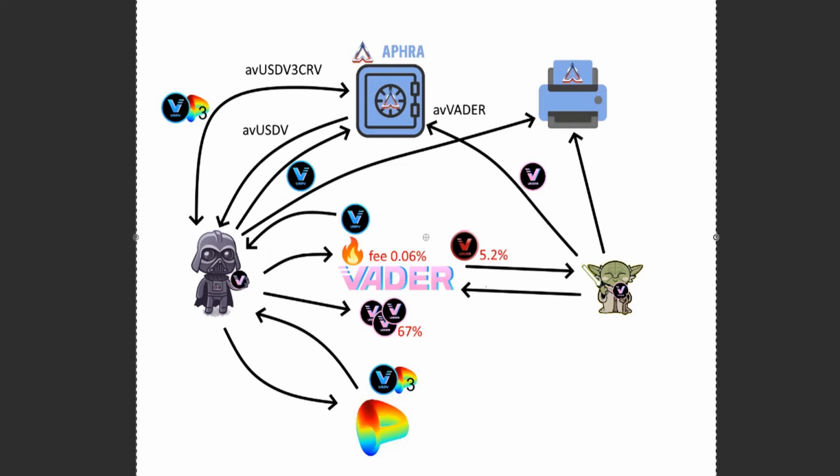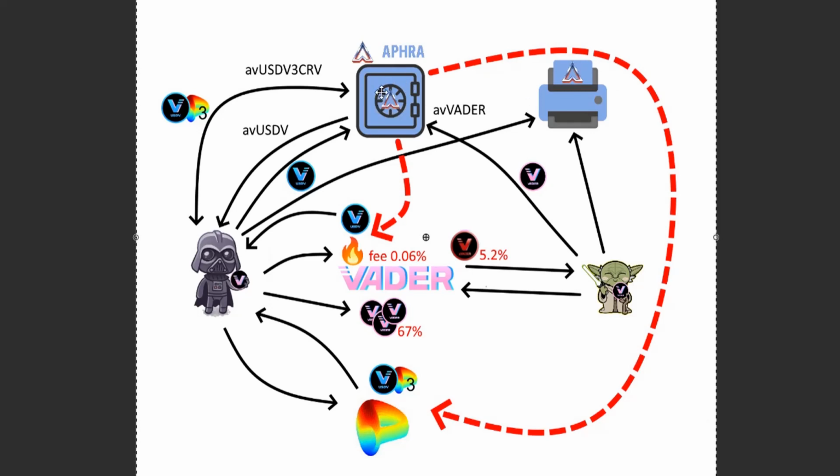Basically, like I said before, this APHRA vault needs a lot of liquidity so that it can interact with this burn and mint mechanism, and it can interact with this 3-pool token in order to keep this USDV on peg. And by having all the moving parts inside this vault, they can do it quite easily. So that's pretty much the model. That's what they're planning to do, that's what they're building, and that's what's coming out. And that's it. So thank you so much for watching, and goodbye.